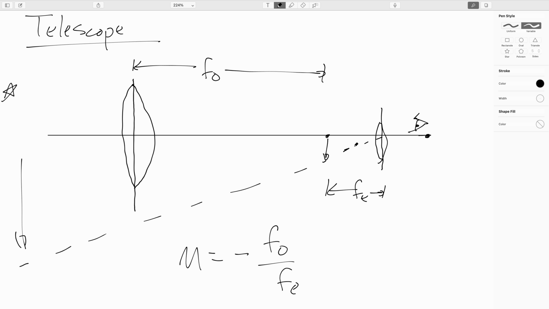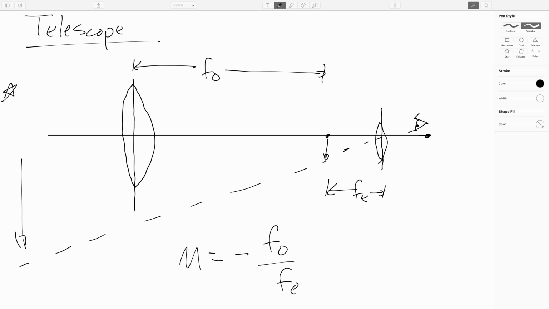Because otherwise what will happen is just plain turbulence in the air will mess up the image enough that it won't make sense to try to magnify it beyond a certain point. So look instead to get a telescope that has a large diameter objective lens. You can always get the eyepieces you need for whatever magnification you require.